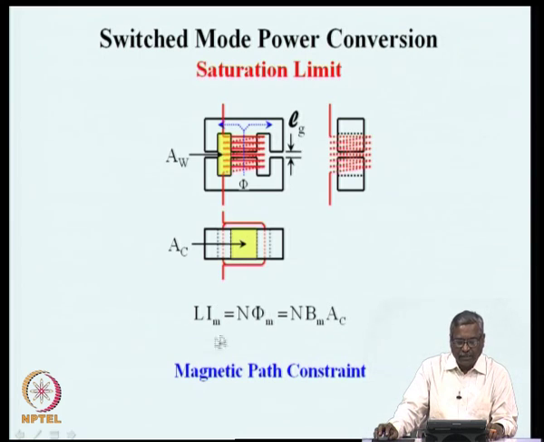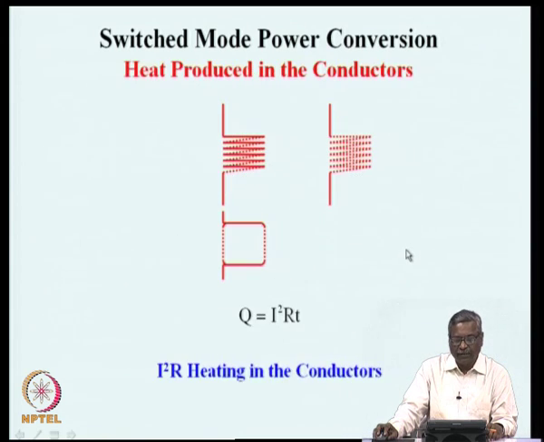So, we might say that L into Im, the inductance multiplied by the maximum current, will be the product of N, Bm and AC. So, this is one of the magnetic path constraints, beyond which if we try to increase the current, this equation will not be valid because Bm cannot increase more.